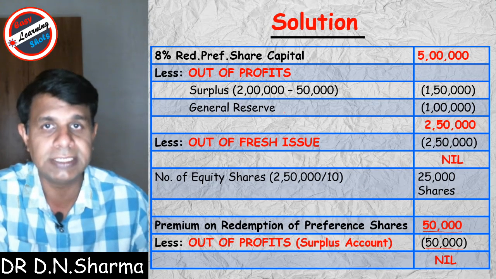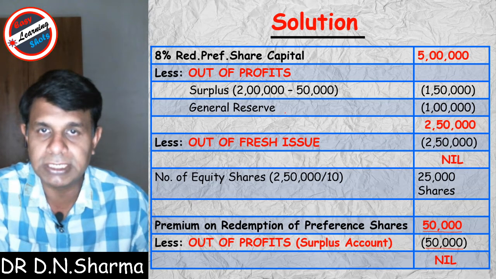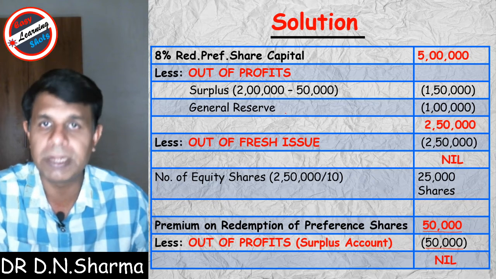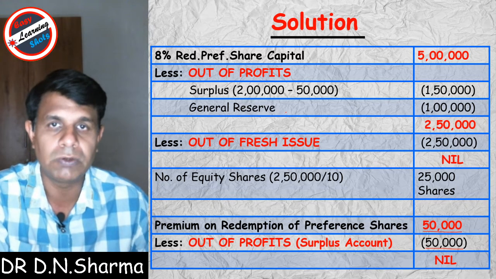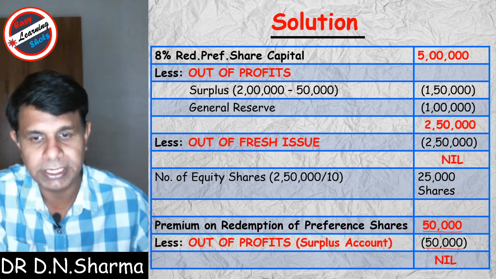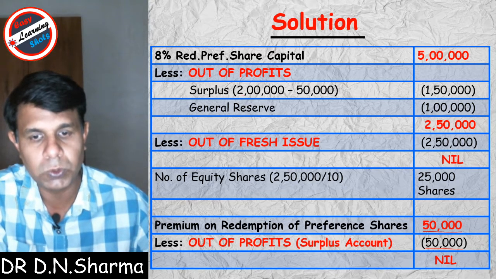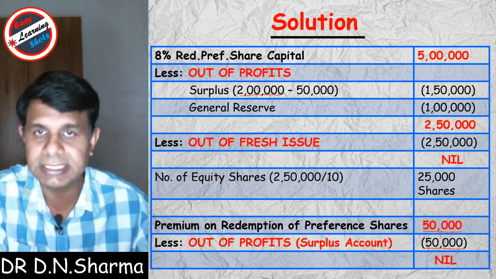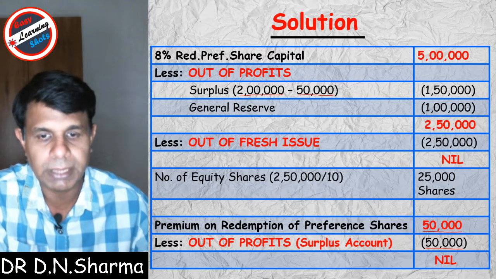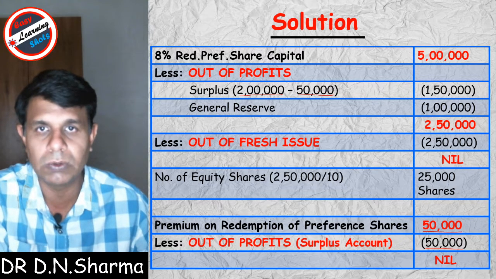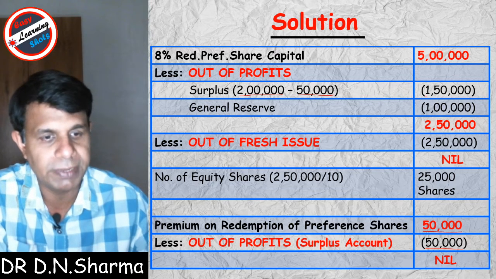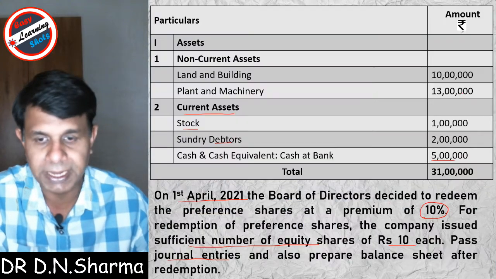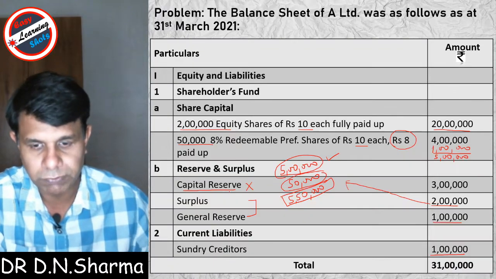Now first we adjust with out of profits, and then any amount remaining in nominal capital of preference shares, we use out of fresh issue. So here in surplus account we have 2 lakh rupees, we already adjusted 50,000, so the remaining balance in surplus account is 1,50,000, which is adjusted from nominal capital of preference share, and the remaining balance we use from general reserve.